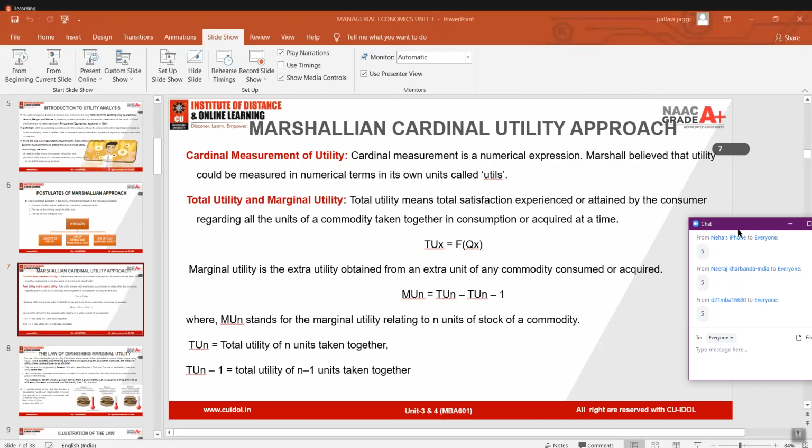I am writing in the chat box. Just give me a second. You have to calculate the marginal utility.